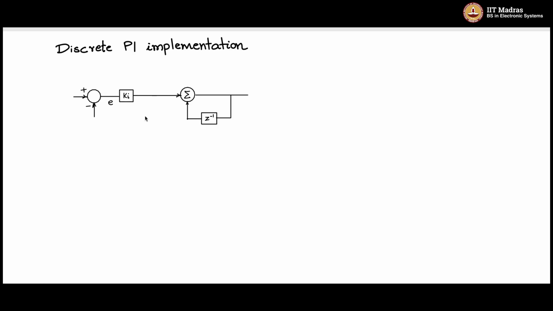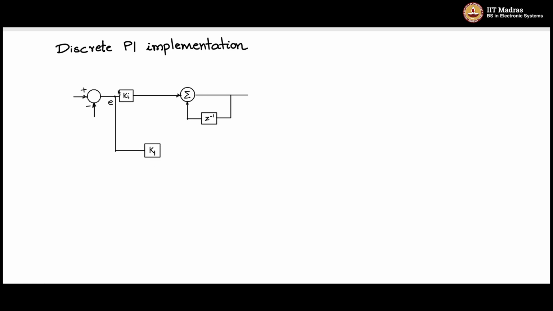All this will modify the algorithm for finding the delta area. So I am using the simplest algorithm so that it can be easily understood. So here is the integration output. That needs to be summed up with the proportional part.